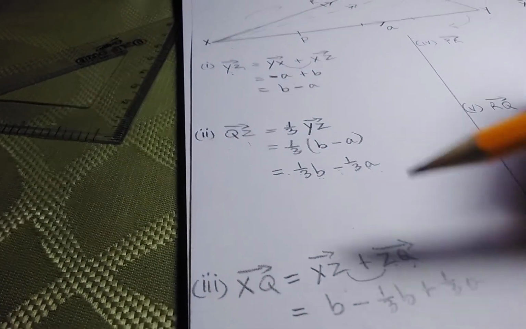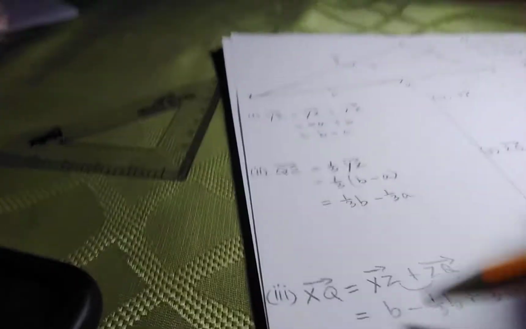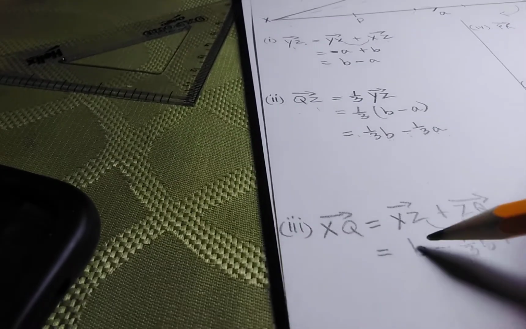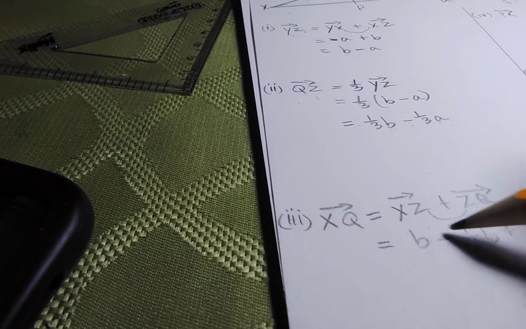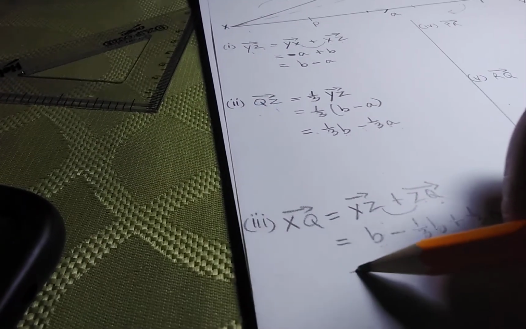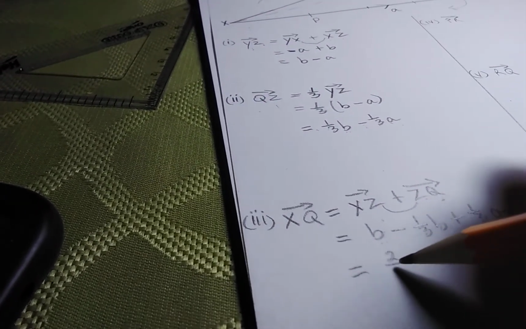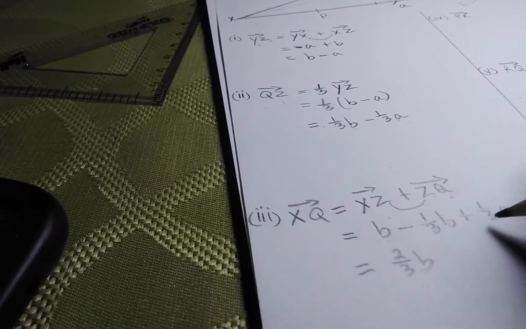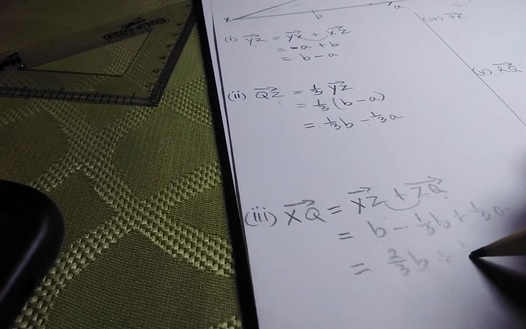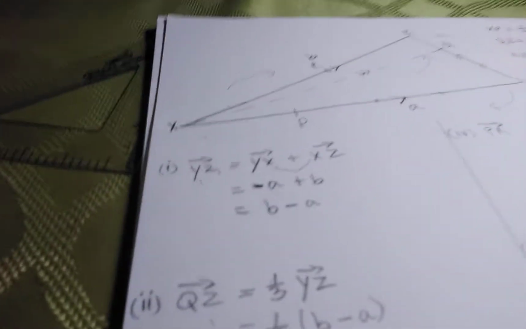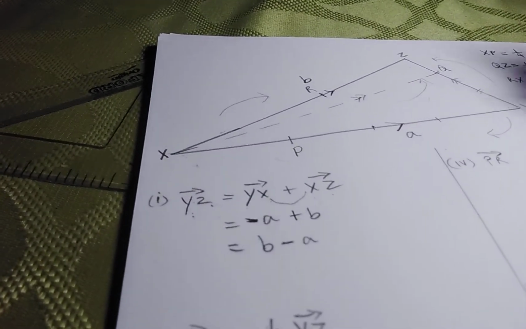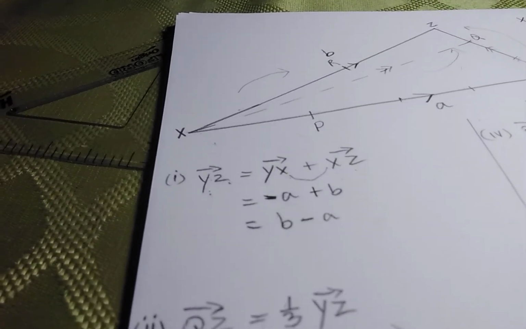It's a reversal or inverse. So 1 minus, the b is really 1b, so the coefficient is 1. 1 minus 1/3 will leave us with positive 2/3 b plus 1/3 a. All right. The video is going over 8 minutes. I'm going to pause it here.